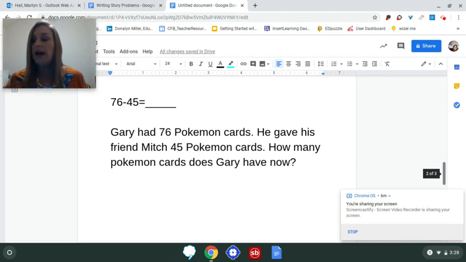If you look at it, you can see that Gary starts with 76, which is right here, and then he gives away 45 of those. Remember, give is a subtraction in this situation. It's not always that way, but it is here. Okay, so now that we know that it matches, let's work this problem out.